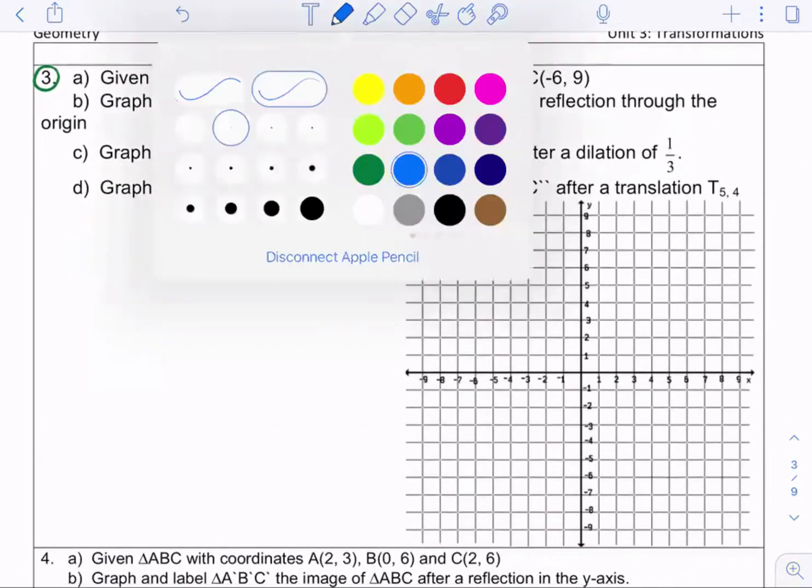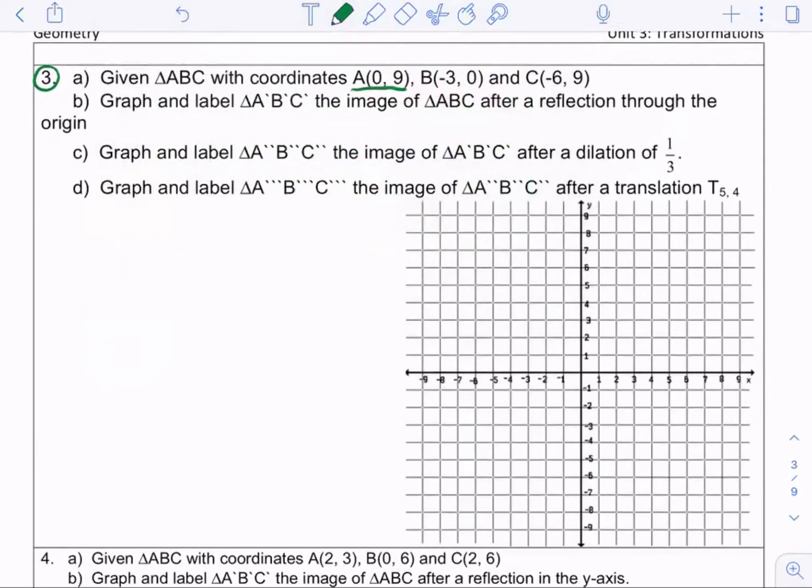So I'm going to start with this one right here. So I have A, B, C. And I always like to write my coordinates on the side because sometimes it says state the coordinates. So I like to have them written on the side here so I could do the math to them as well.